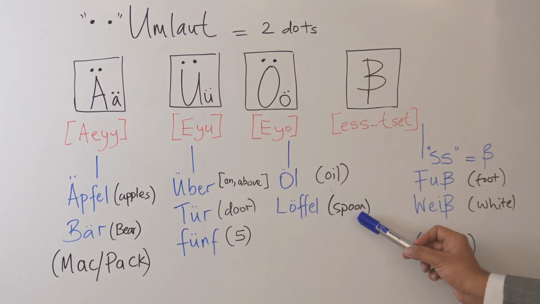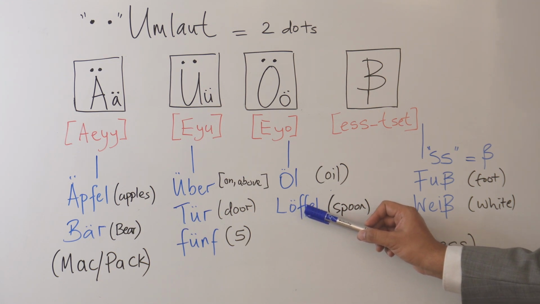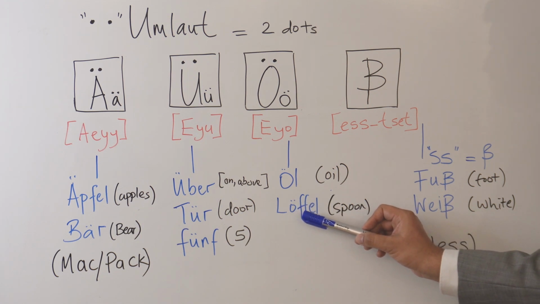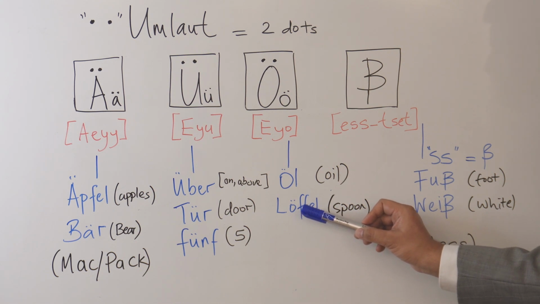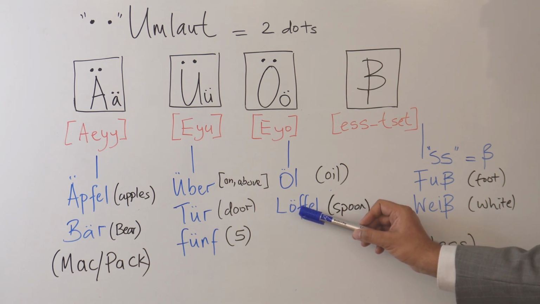Similarly, for spoon, we say Löffel in German. When you remove the umlaut, that is the wrong pronunciation. So you always have to have the umlaut with the O. The right pronunciation is Löffel, Löffel.